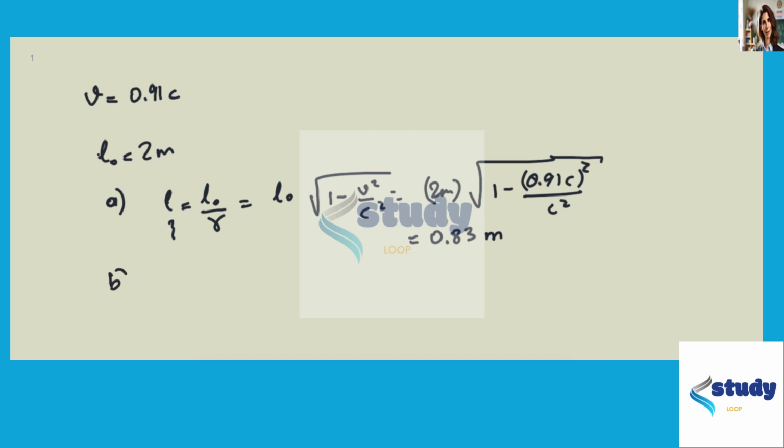So part B, this time we are given the height of this pilot based on an observer on Earth. So L equals 2 meters now. What would be the proper height of this pilot in the frame of the ship that moves with this relative speed? We're going to use the same formula, L equals L naught over gamma.